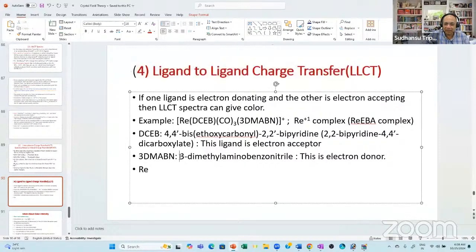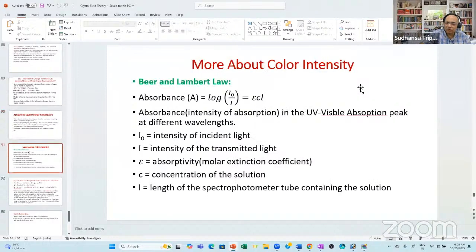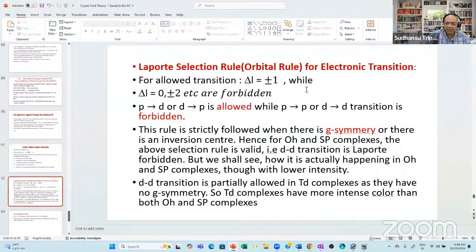So this 3-DMABN is the electron donor and this DCEB is the electron acceptor. So the electron transfer occurs within the ligands without involving the metal ion. So this is LLCT.